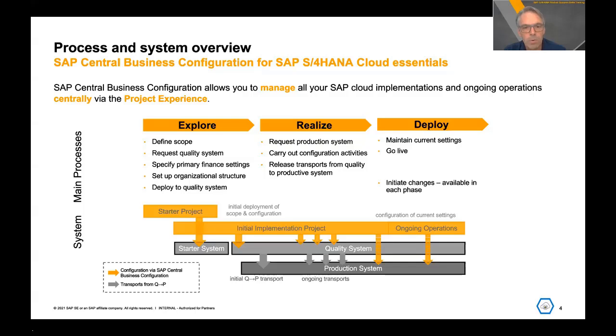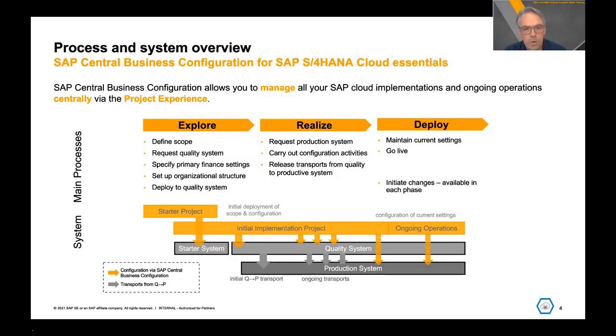And the main processes, what you can see here, we talk about the different phases, starting with Explore, Realize and Deploy, being part of the project experience to help you and to provide guidance to deal with the project implementation with the aim of setting up the S4HANA Cloud Essentials, connected to this 2 system landscape, live using CBC. We have here an overview about the main processes.